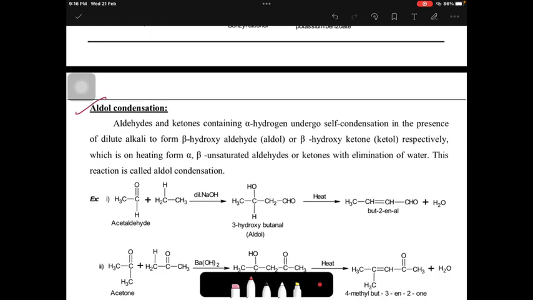Aldol condensation: aldehydes and ketones containing alpha hydrogen undergo self condensation in the presence of dilute alkali to form beta hydroxyaldehyde or beta hydroxyketone, that is ketol. Beta hydroxyaldehyde is aldol, and beta hydroxyketone is ketol.